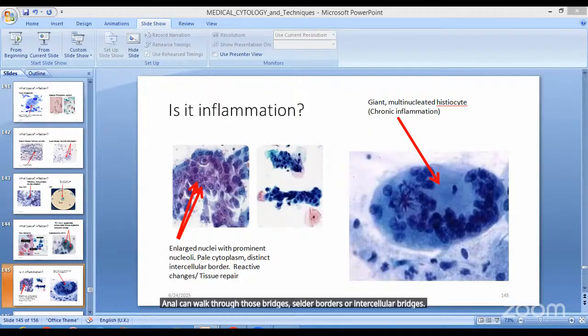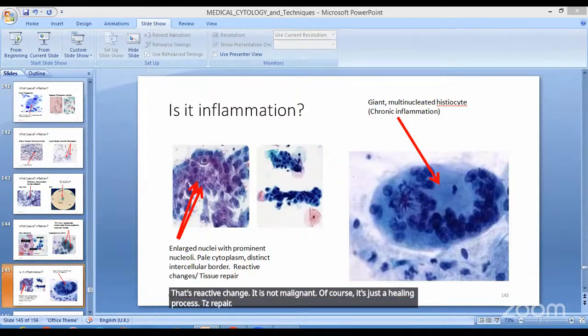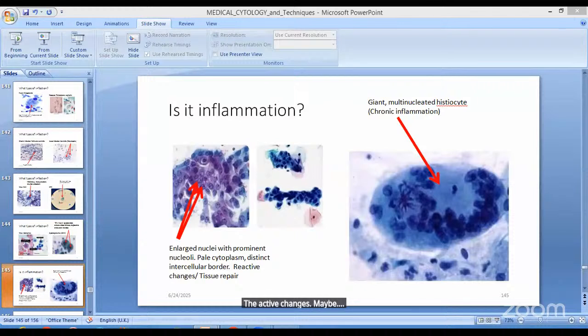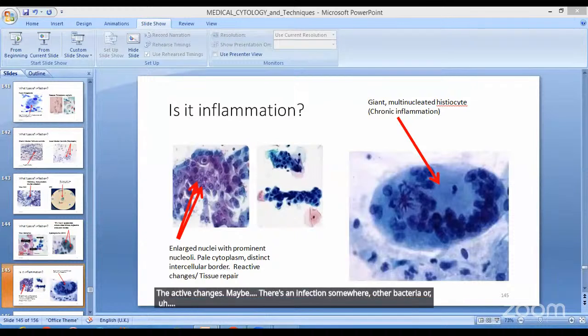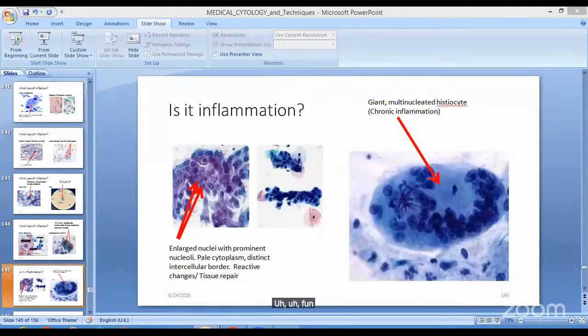That's reactive change. It is not malignant. Of course, it's just a healing process. Tissue repair, reactive changes. Maybe there's an infection somewhere, whether bacterial or fungal, that has been resolved, and the cells are healing. That's when you see features like this.